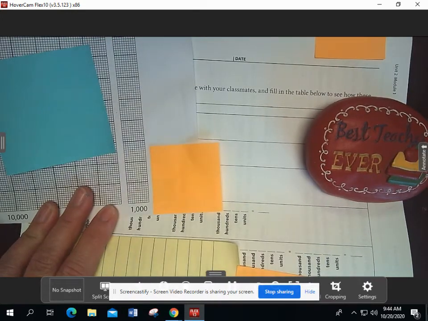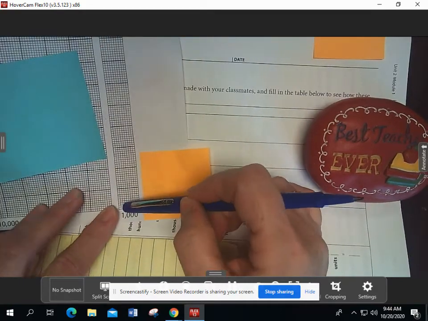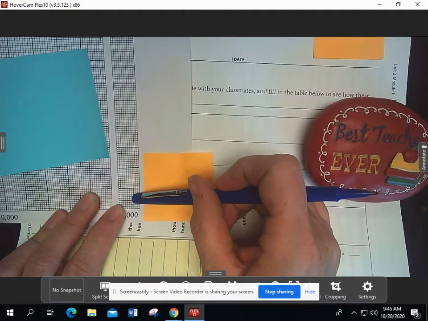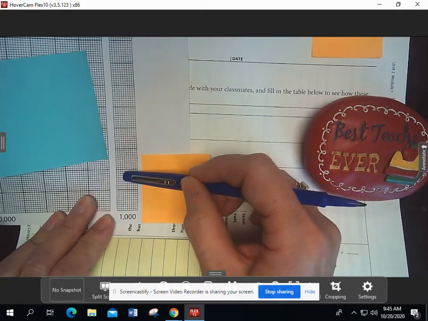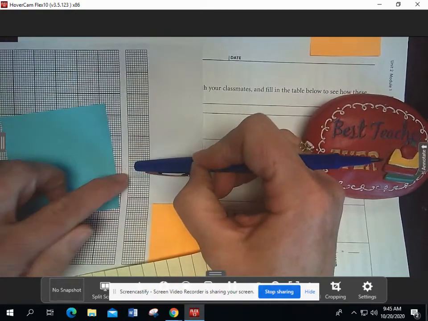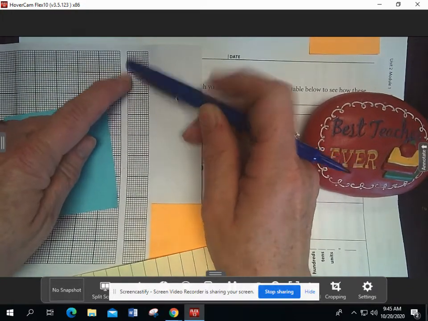But I want to work up to this. So how many are in this group? 10. So if Luke is going to count this with me. If one of these small squares has 10 groups of 10, Luke is going to count. So we have 10, we have 20, 30, 40, 50, 60, 70, 80, 90, 100.